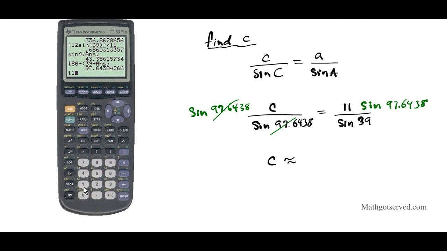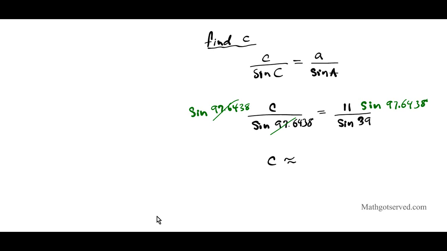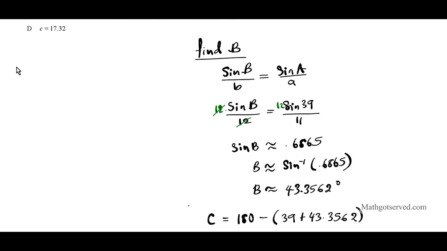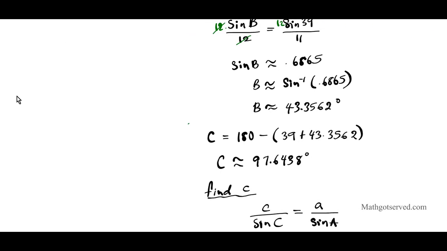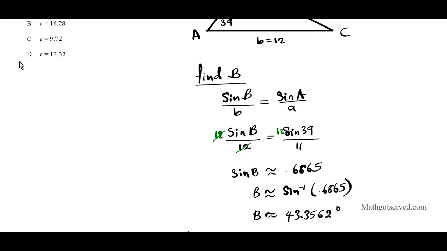It's going to be 11 sine, previous answer, I'll insert answer, divided by sine 39. Close that. And our final answer is 17.32. So two decimal places. So it's approximately 17.32. All right. So our answer is option letter D. Option D will be our answer here.